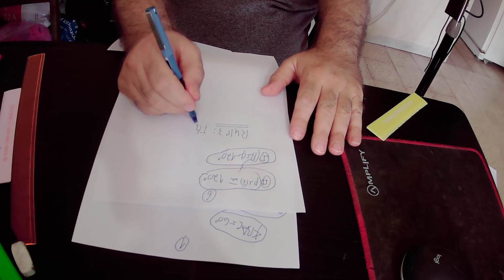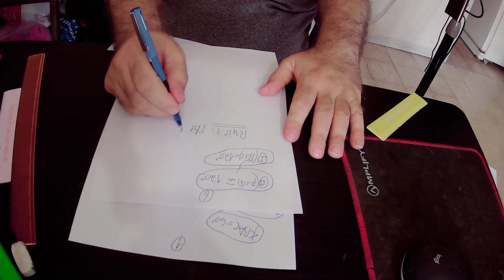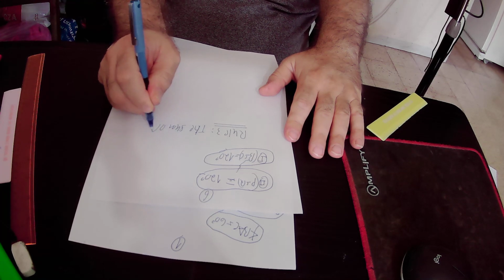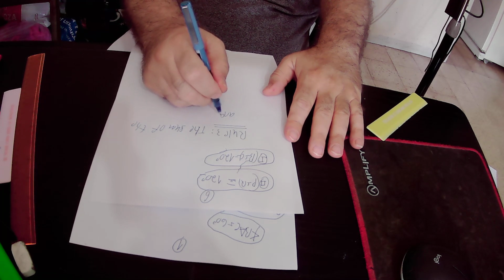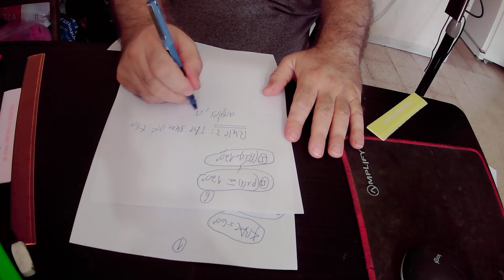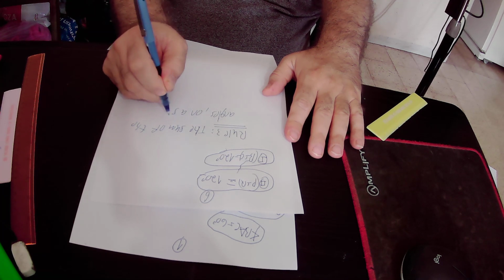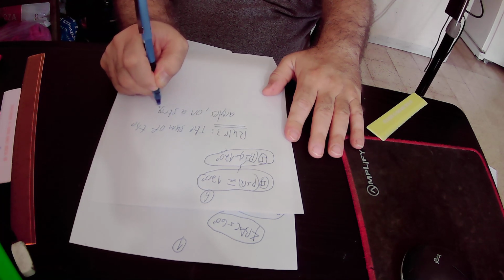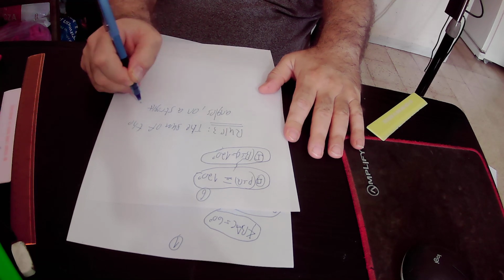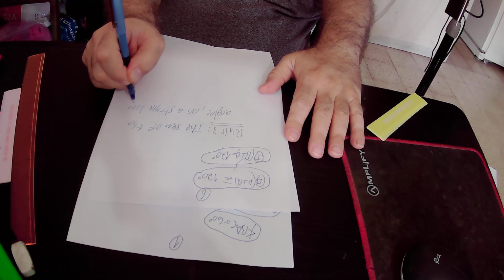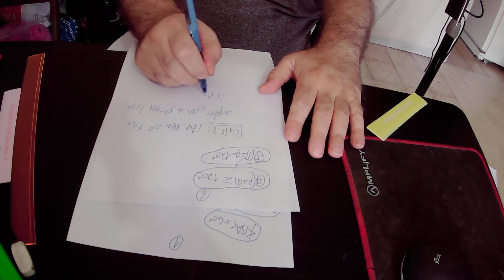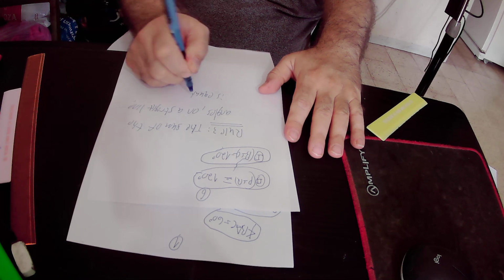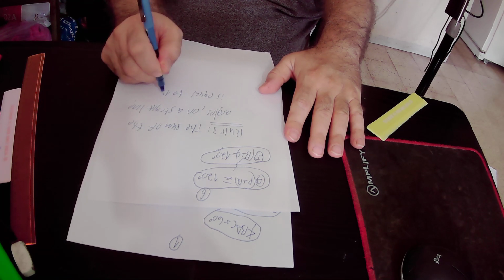The sum of the angles on a straight line is equal to 180 degrees.